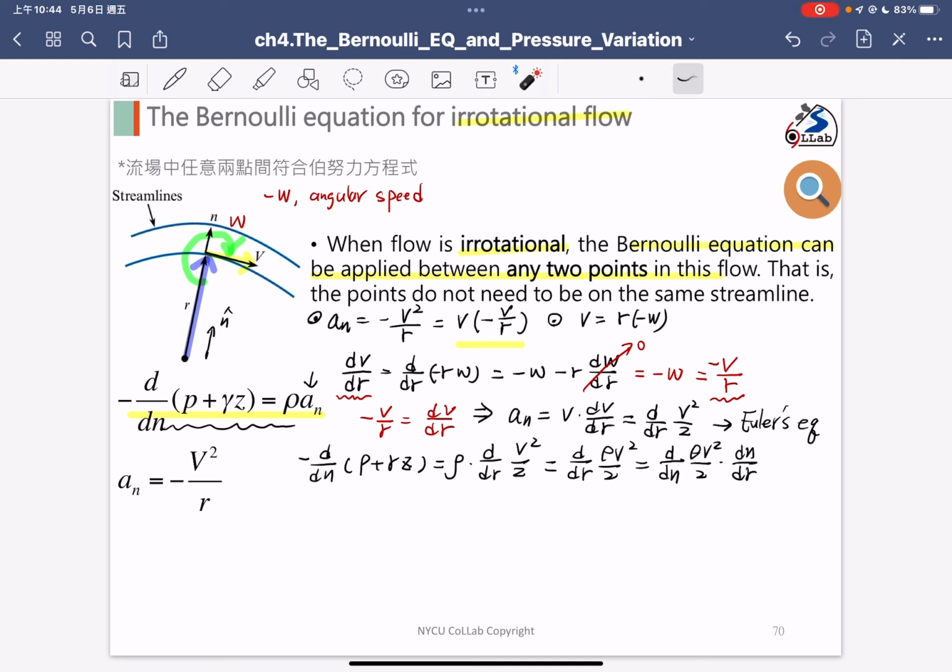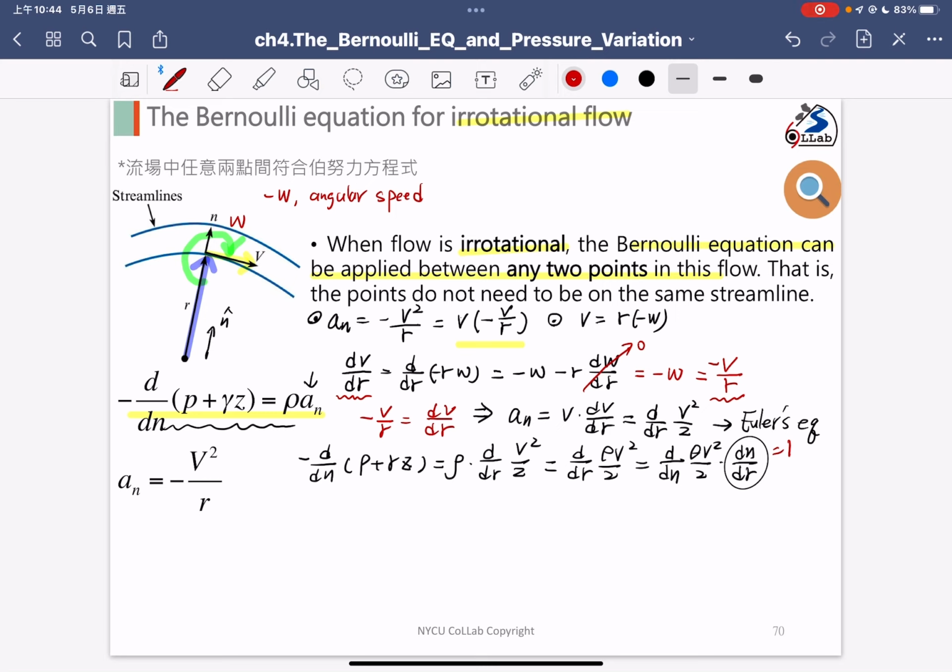The right hand side is equal to the left hand side. And we know that because n and r are in the same direction, the normal direction is equal to the r direction, right? So the differential in here, this item, will equal 1.